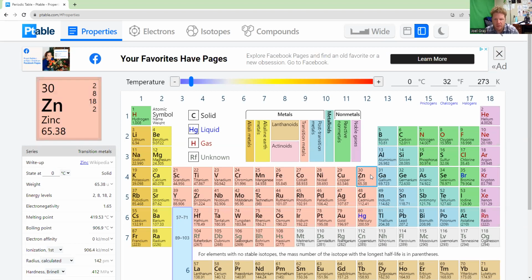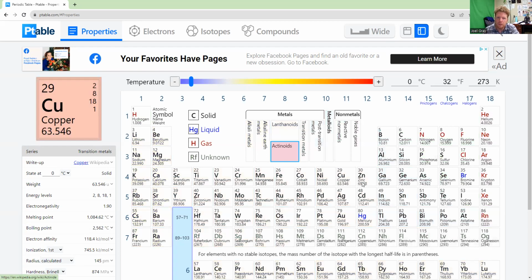But if it's a zinc cation, whether it's +2 or +1, +2 means that it's lost 2 electrons. So it actually has the same electron configuration as nickel. Zn plus has the same electron configuration as copper. So if that was just Zn, then the answer would be Zn. But zinc cations are not a good option.